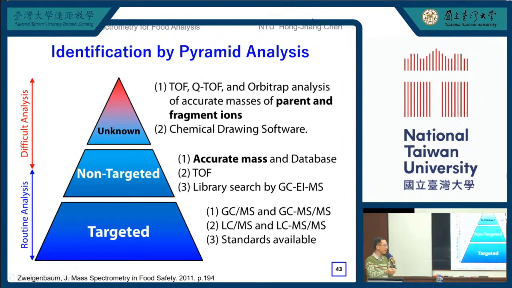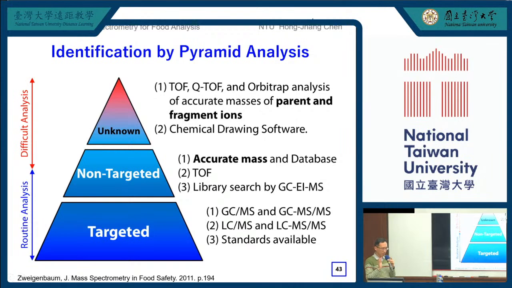As I mentioned, for pesticide screening, there are some unknown compounds. We need higher accurate mass, such as Orbitrap or Q-TOF. And then we need to know how to puzzle each fragment together for compound identification. It's not based on the database. No, a database does not work in this situation.